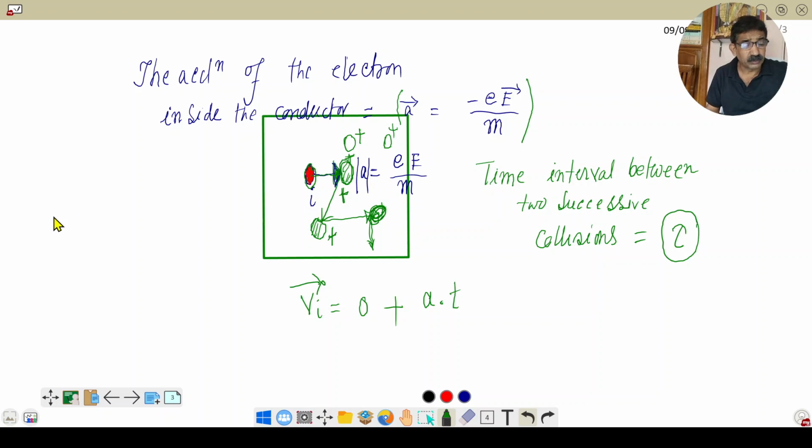We know the formula v is equal to u plus at. In vector form it is like this, and in scalar form it is like this: v is equal to u plus at, where all the quantities have the usual meaning.